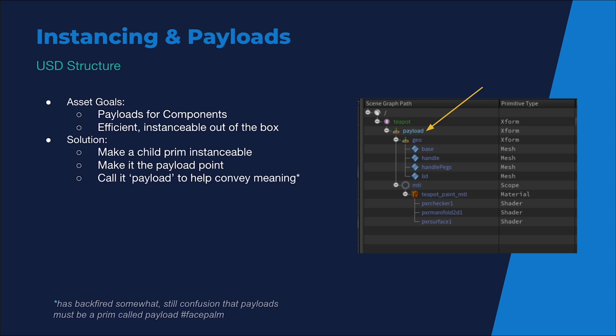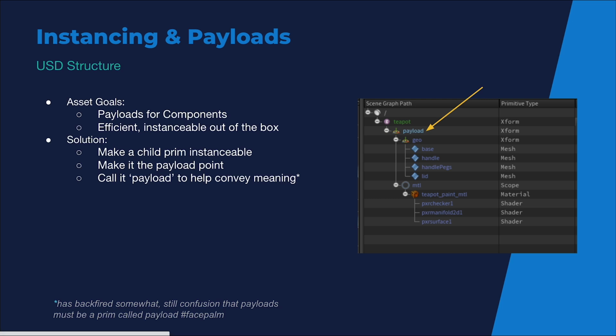And that child prim is also where we anchored our USD payloads. To convey this meaning, we named the prim payload so that artists could understand that when contributing to a component payload, there was a good chance, if not a 100% chance, that at or below that prim would be instance and therefore hands off from direct manipulation.